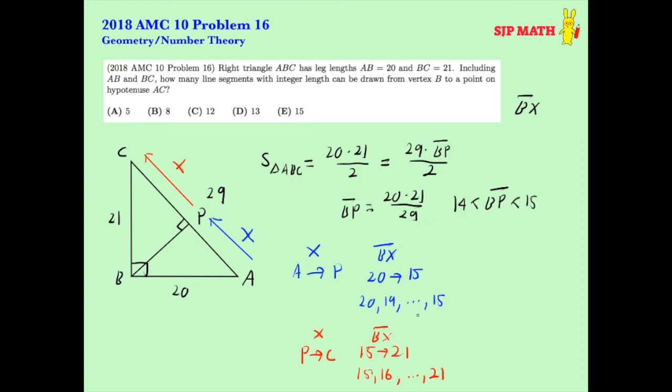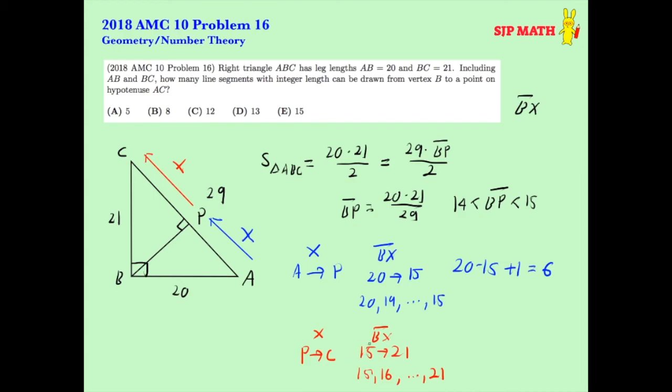The number of line segments with integer length will be the number of numbers from 20 to 15, which is 20 minus 15 plus 1, which is equal to 6, I think. Yeah, 6.